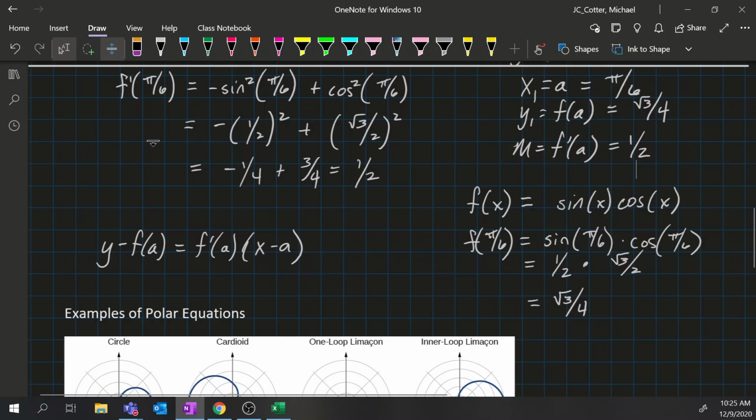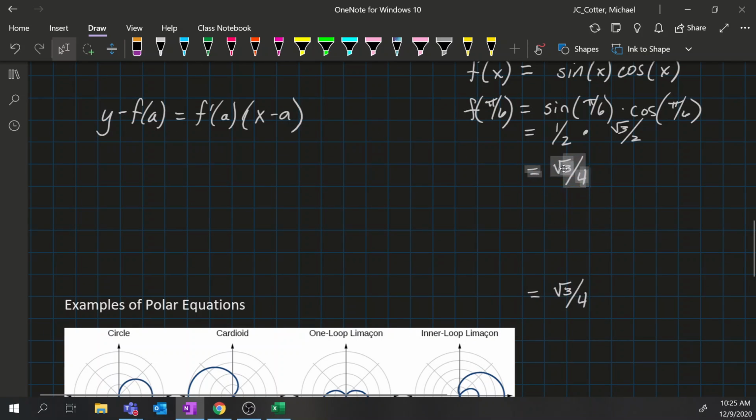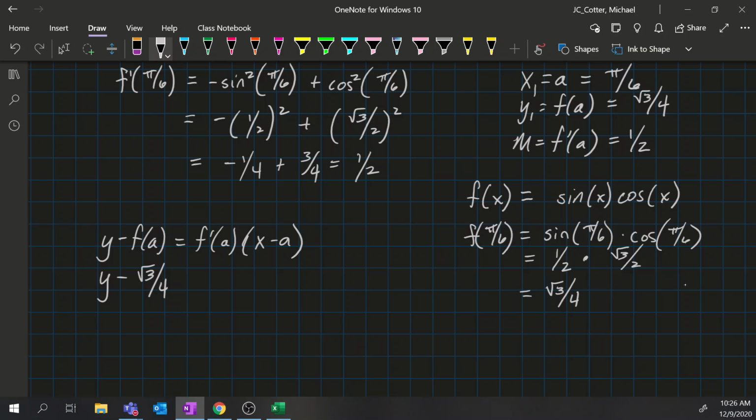Okay, so now we'll plug all that in. And so we'll do y minus root 3 over 4, that's f of a, equals 1/2 times x minus pi over 6. I would take that, that's the equation of the tangent line.